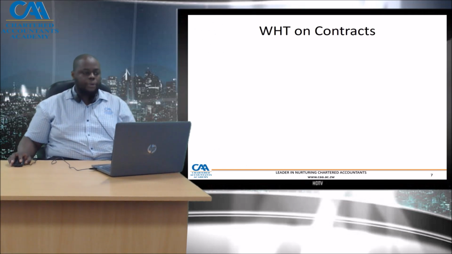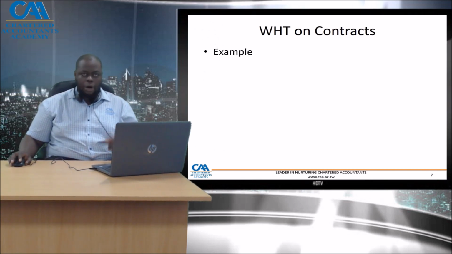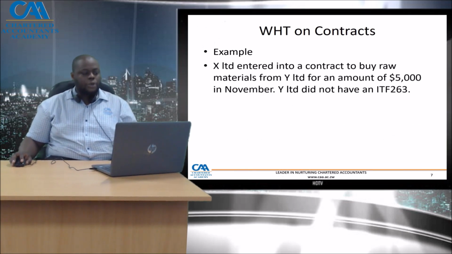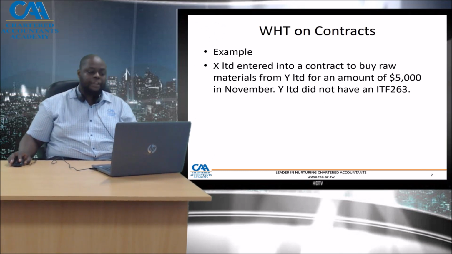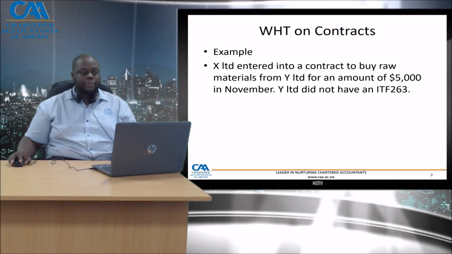Let us look at an example of this withholding tax. So let's assume that X Limited entered into a contract to buy raw materials from Y Limited for an amount of $5,000 in November. Y Limited did not or cannot produce an ITF 263, which is a tax clearance certificate.